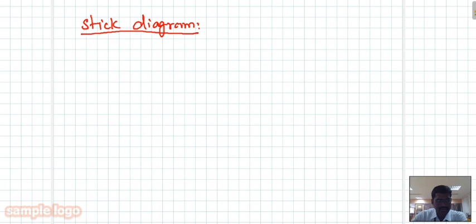So whenever we draw a stick diagram, the first step is to draw the CMOS logic gate. We already have this for the two input OR gate.